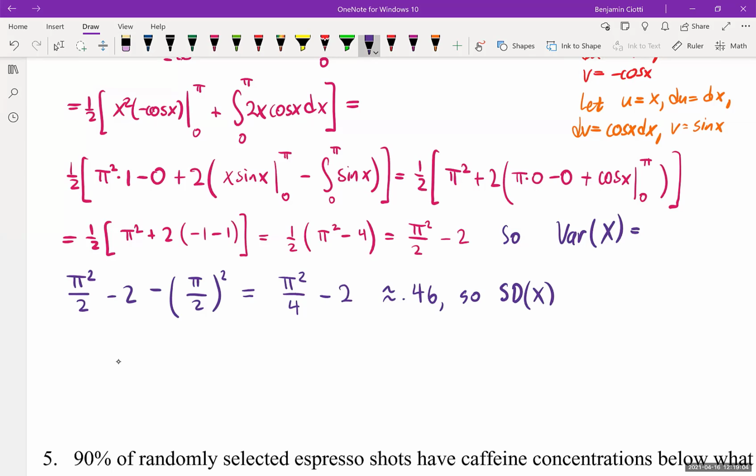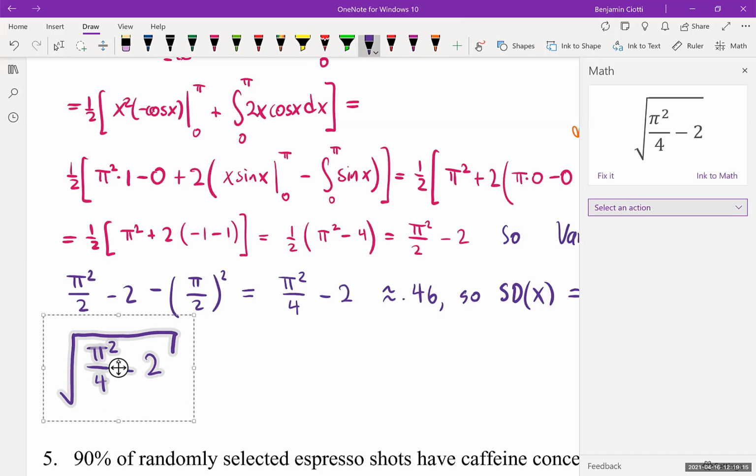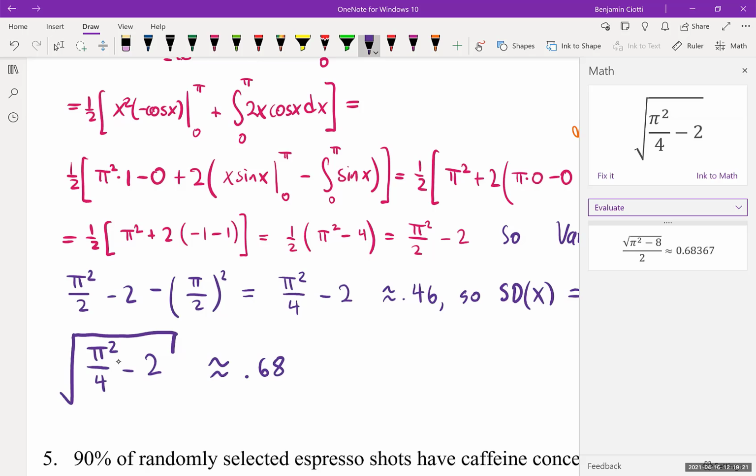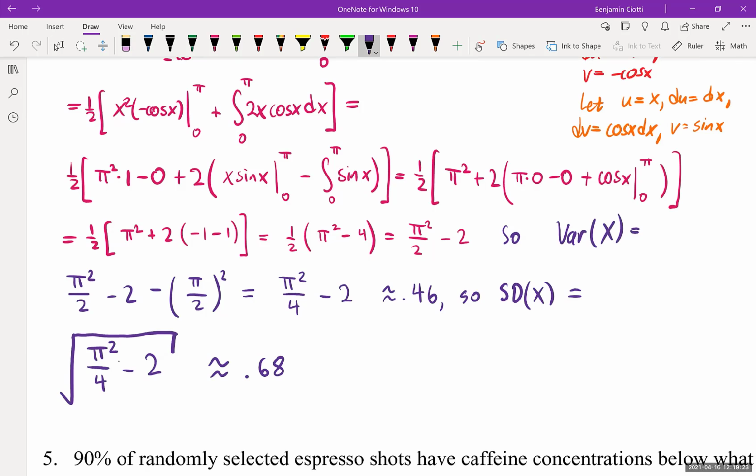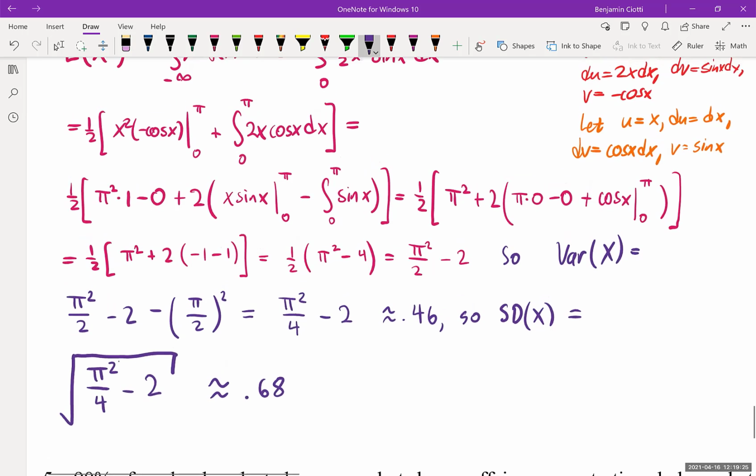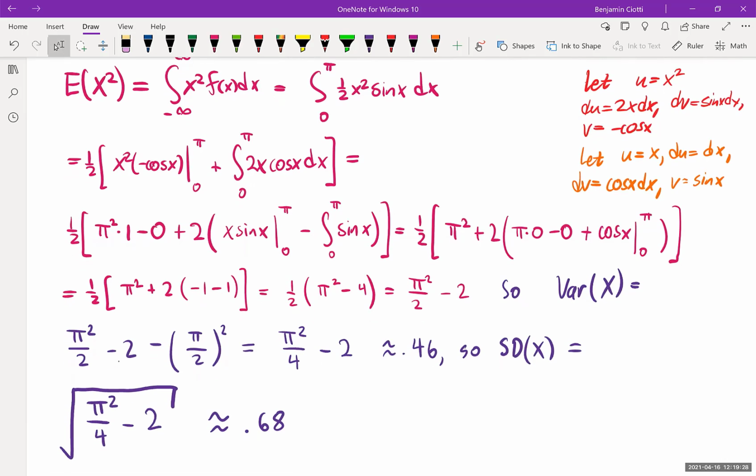So the standard deviation will be the square root of that. So about 0.68. Okay, so that's my standard deviation. It's not pi over 2 as I posed at the beginning of this calculation.